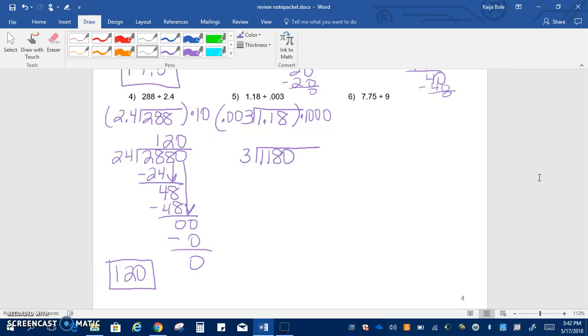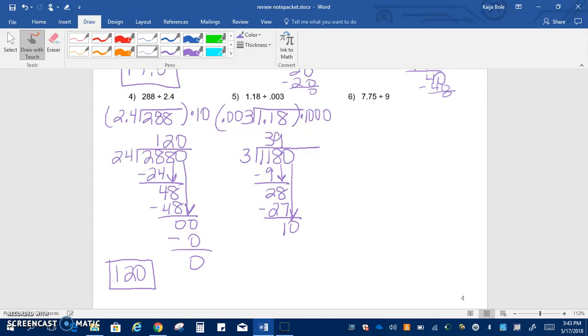So 3 does not go into 1, but 3 does go into 11 3 times. So I subtract 9, I'm left with 2, and I bring down the 8. 3 goes into 28, 9 times, sorry. So 9 goes up top, and then I subtract 27, I'm left with 1, and I bring down my 0.